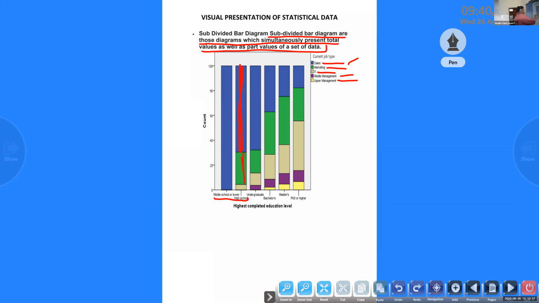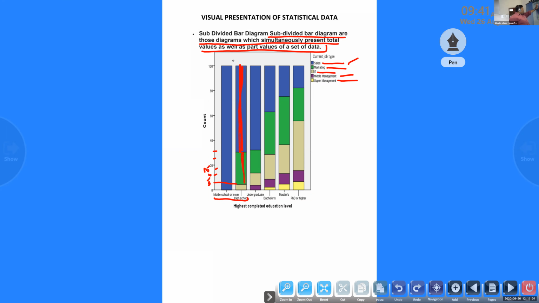The numbers here go 0, 5, 10, 15 like that. Nearly 5 out of 100 are working in the IT department, and from 5 up to 30, nearly 25 people are working in marketing. The rest are all working in the sales department.